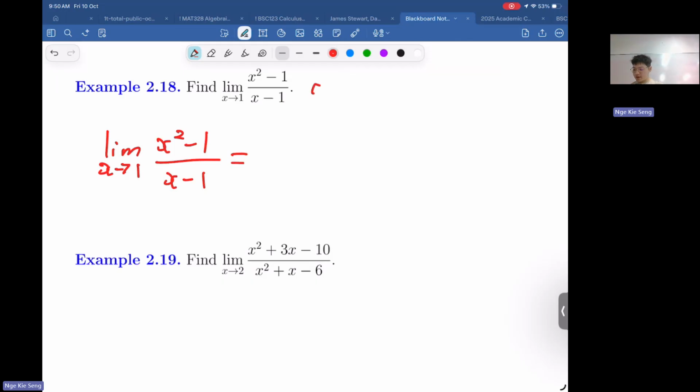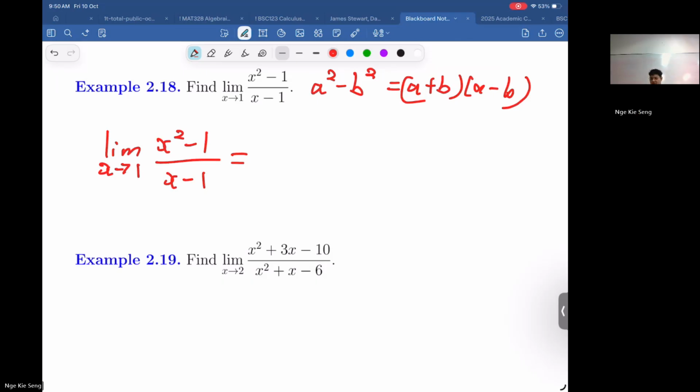Do you guys remember the formula for the difference of squares? A squared minus b squared is what? A plus b times a minus b. If you notice, in your numerator there is a difference of squares, x squared and 1 squared. So you can try to factorize them first: x plus 1, x minus 1.